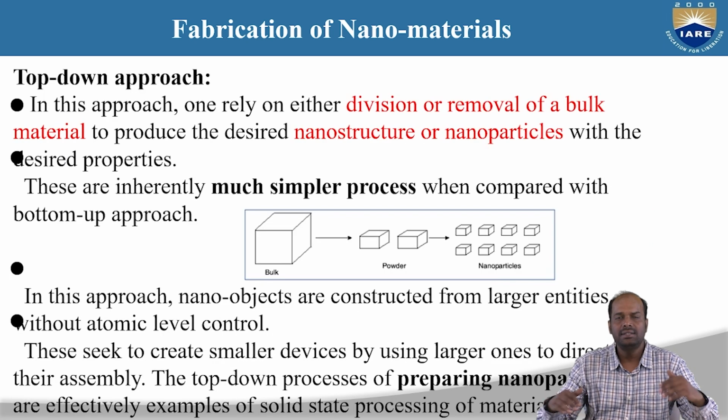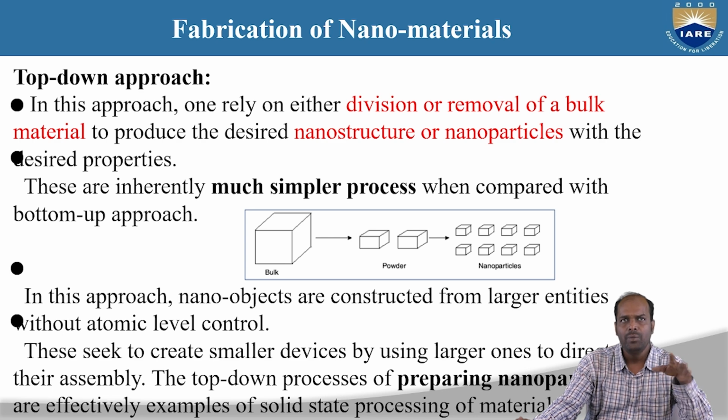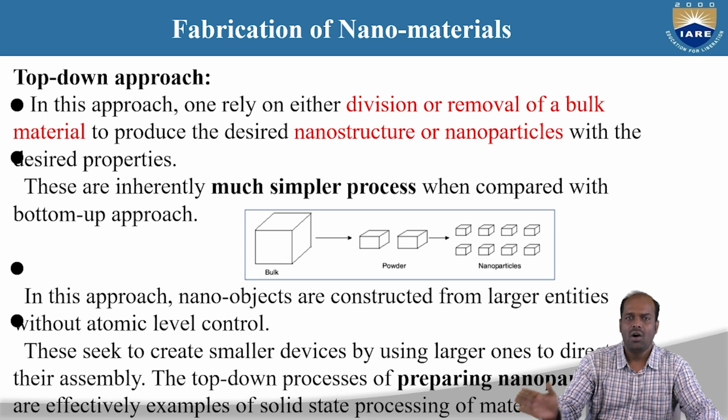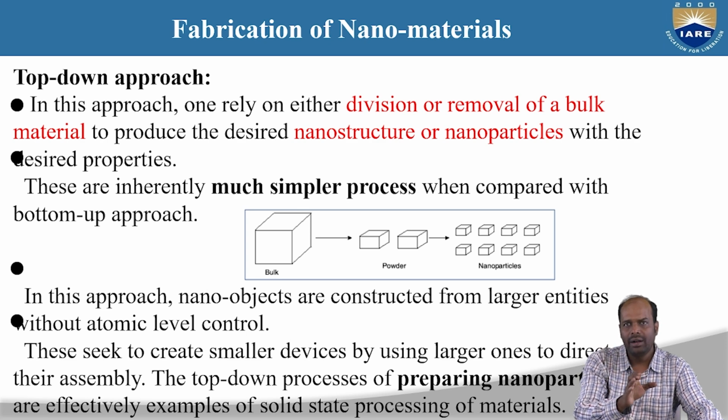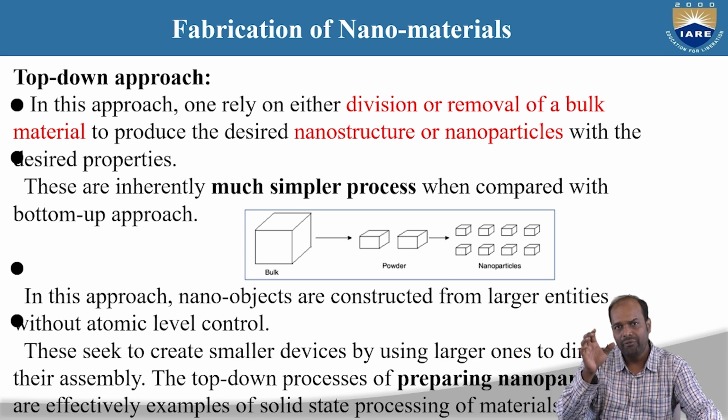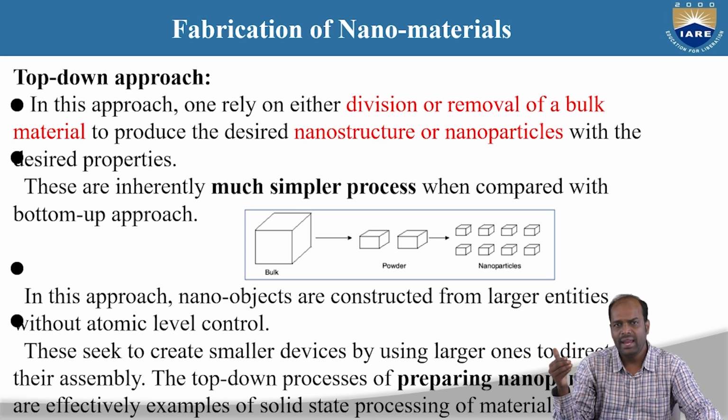But in the case of the top-down approach, what is the major change? In the top-down approach, you already have the compound, and you use different synthesis techniques to make the material, meaning the compound is already there. That compound is in what range? Bulk.